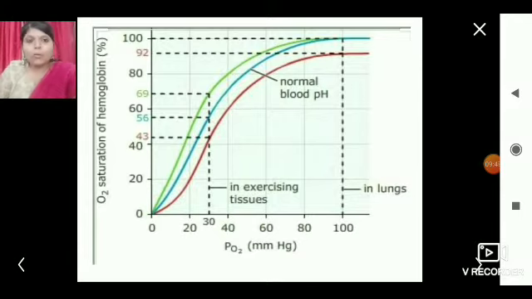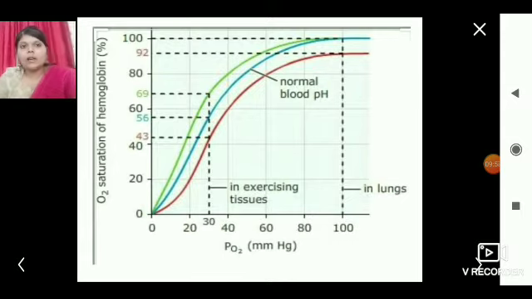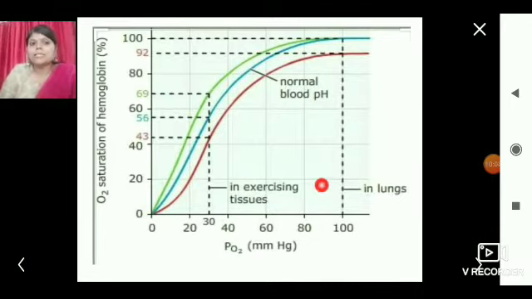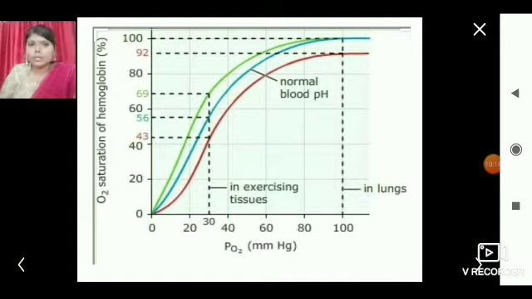If you give lots of exercise to your tissues, then obviously the graph moves towards the right hand side, which tells us that more oxygen saturation is happening, reaching 100% saturation.